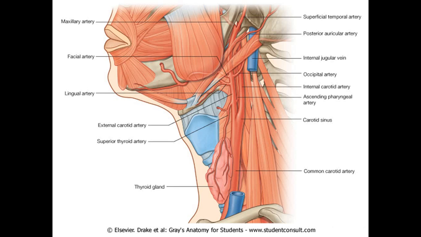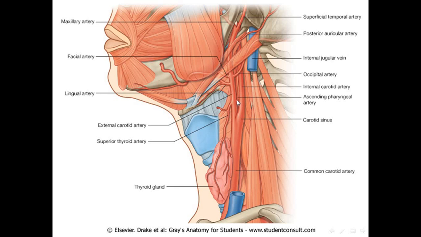Let's have a look at these branches within the neck. This beautiful image is from Gray's Anatomy. This is the common carotid, and this is the carotid sinus. Here, the common carotid bifurcates to form the internal carotid artery and the external carotid artery. Immediately after bifurcation, the external carotid artery starts to give its branches, starting with the superior thyroid artery, which descends to supply the thyroid gland, the thyroid muscles, and some other structures within the neck.